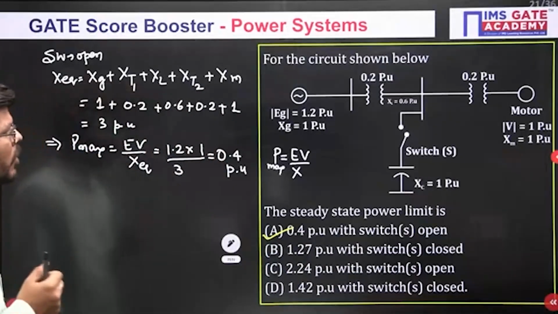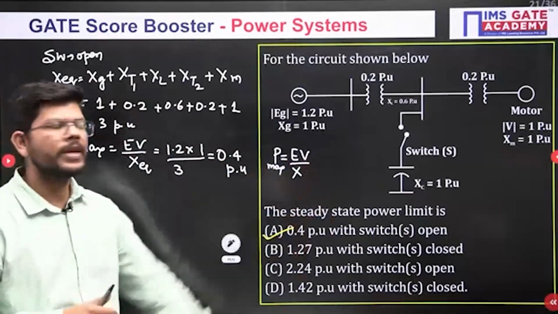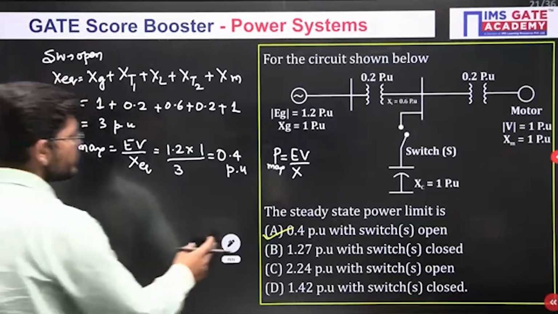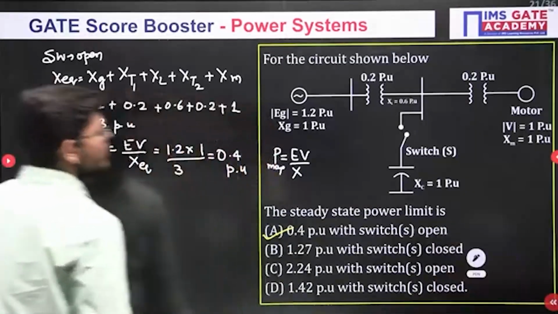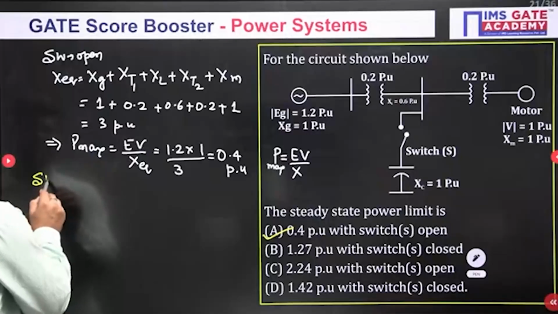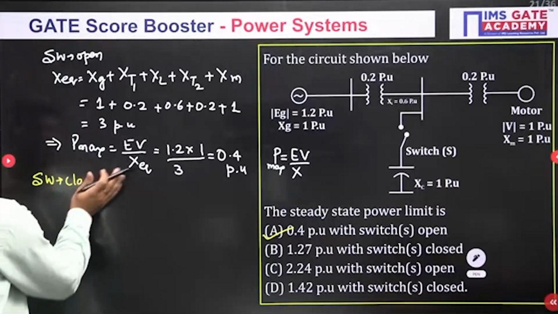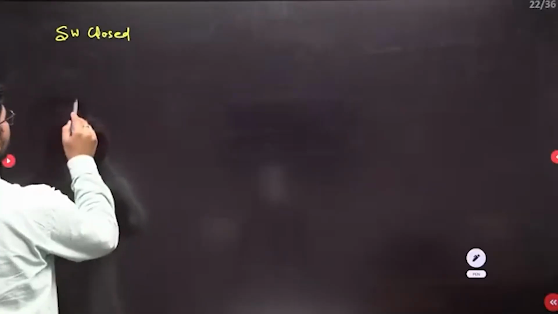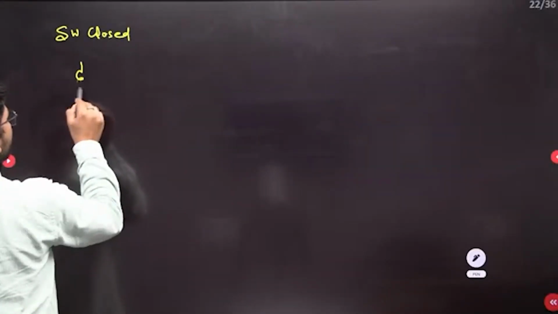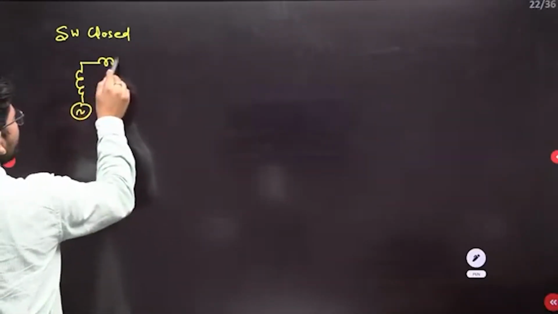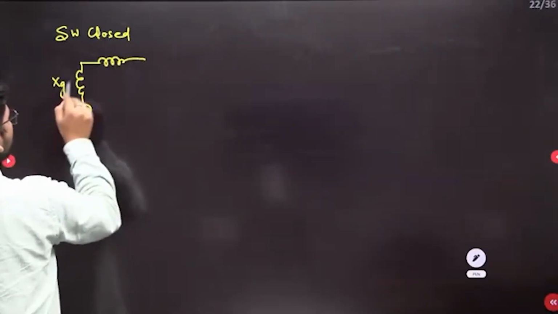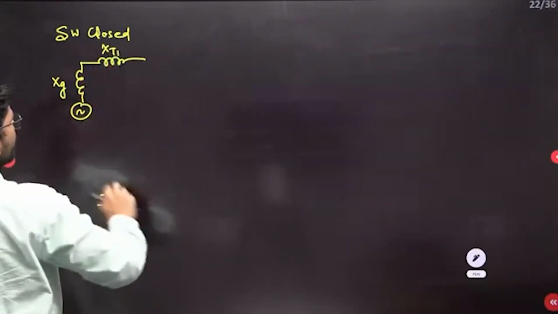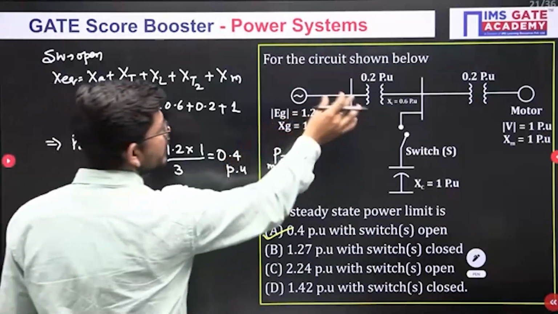Okay, now what will happen if the switch is closed? Suppose we have closed the switch. Then what do we have? When the switch is closed, we will have the generator reactance, X of G, then the transformer reactance, X of T1, generator and transformer.